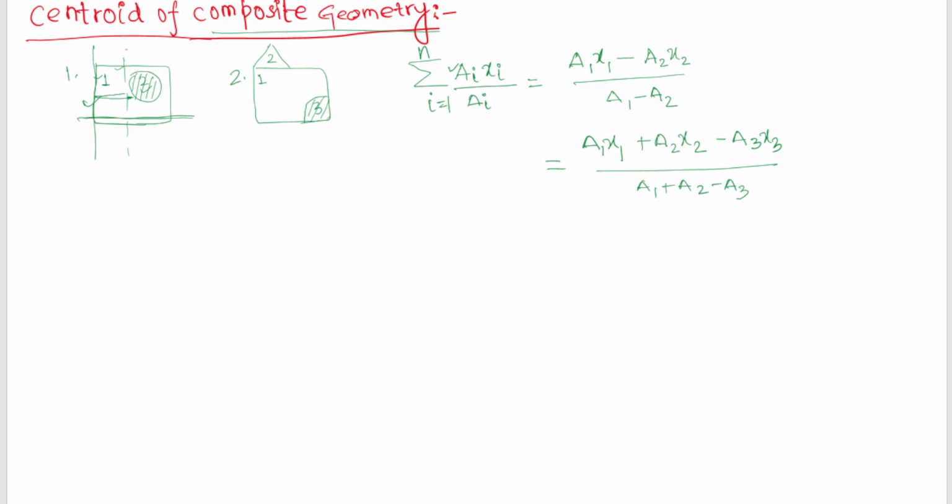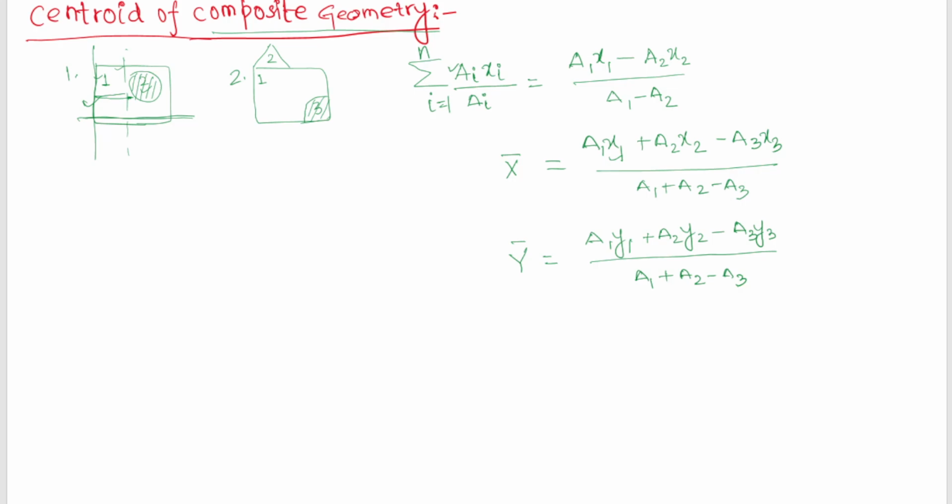This will give you the value of x bar since you are using the x terms. Similarly, using y terms, y bar can be given as A1 y1 plus A2 y2 minus A3 y3 divided by A1 plus A2 minus A3.